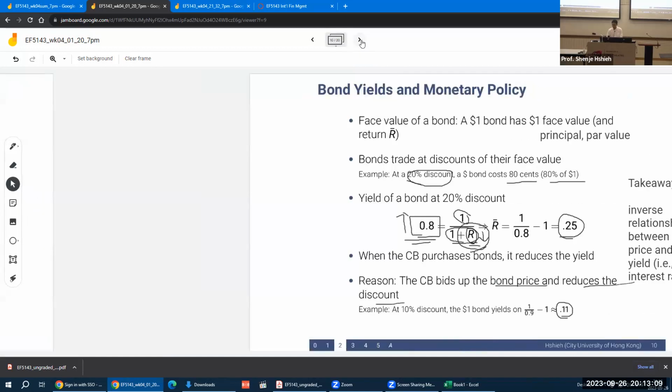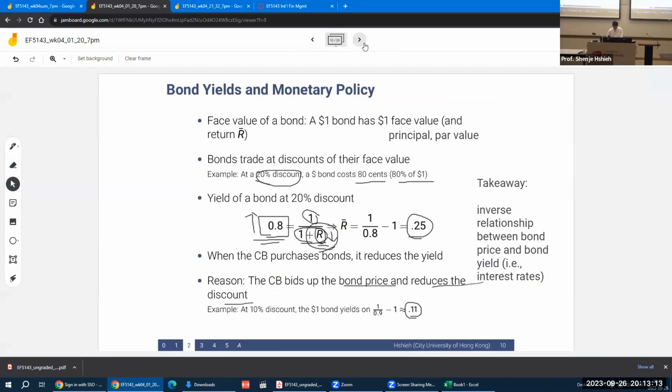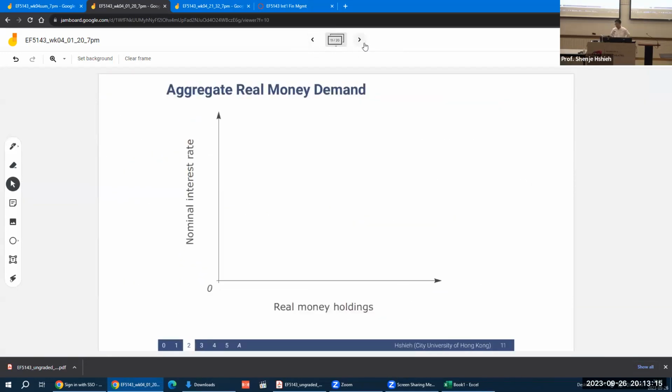All right, so without other questions, let us talk about how to visualize the money market. In this class, we're going to visualize the money market with the following plot. We're going to put interest rates on one axis and real money holdings on the other.